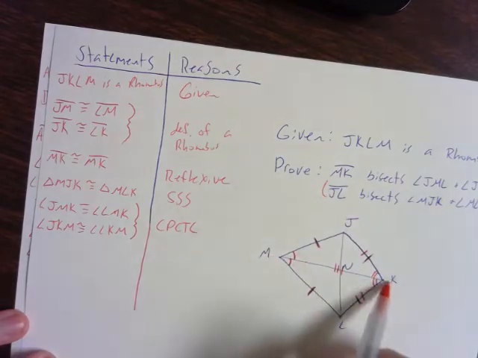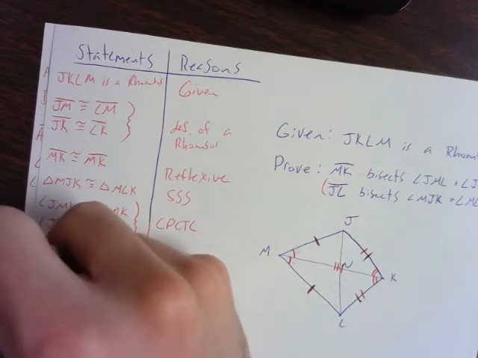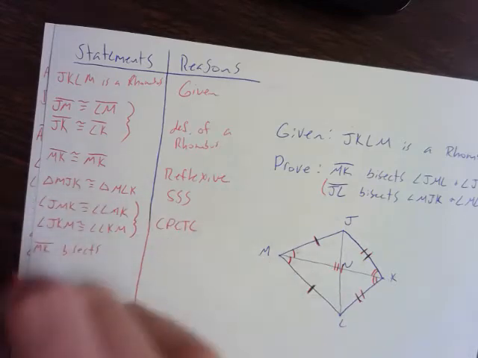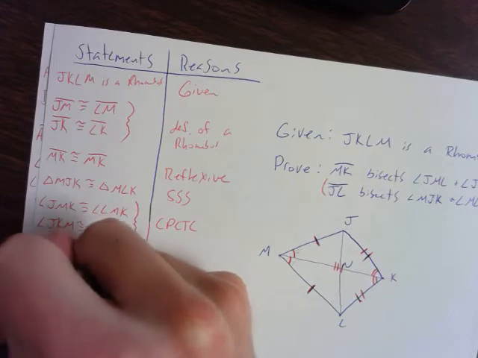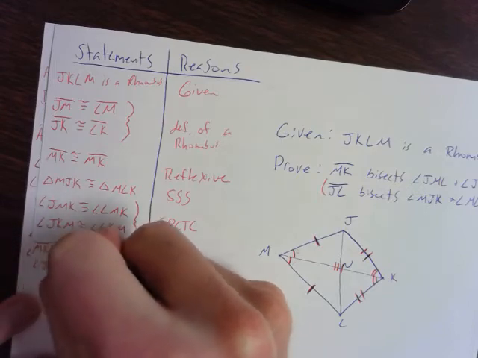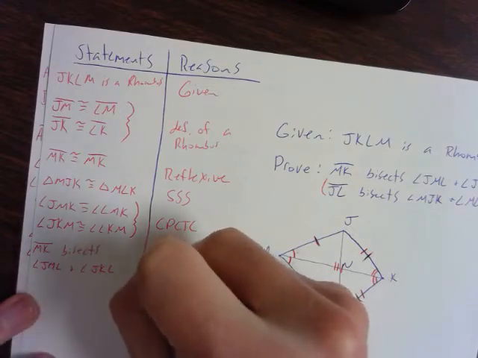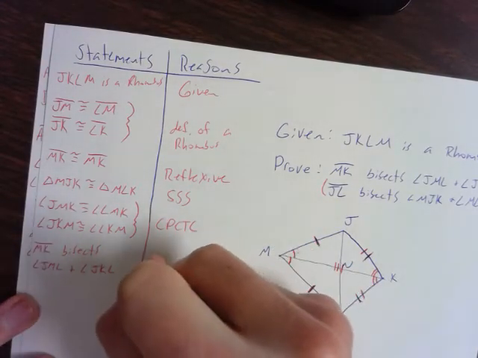So that tells me that MK bisects those angles. So I can go ahead and write down my proof statement of line segment MK bisects angles JML and JKL. And that is going to be the definition of an angle bisector.